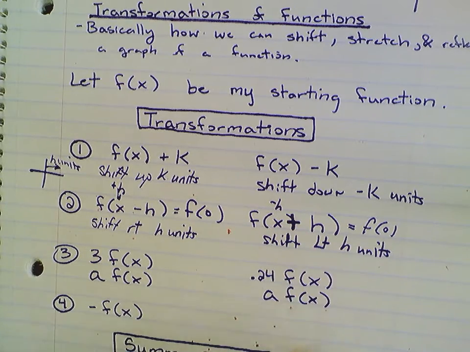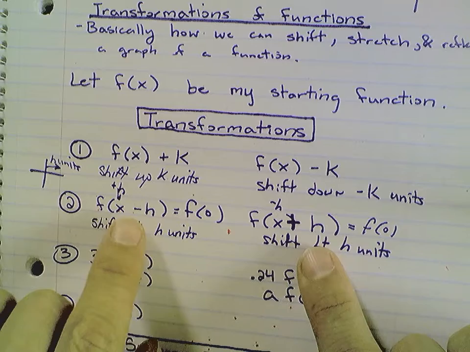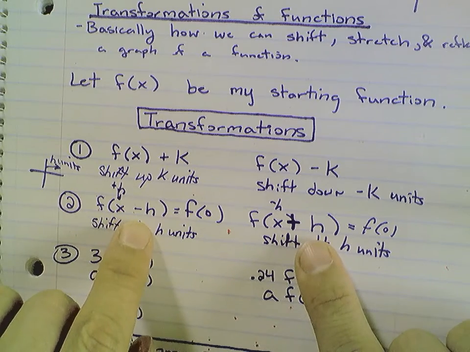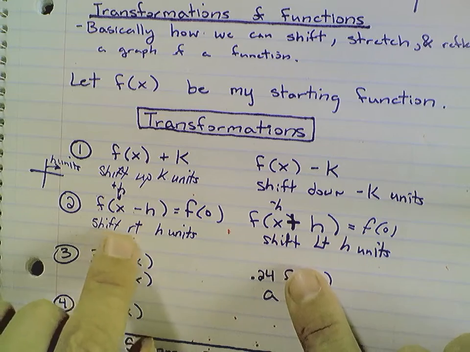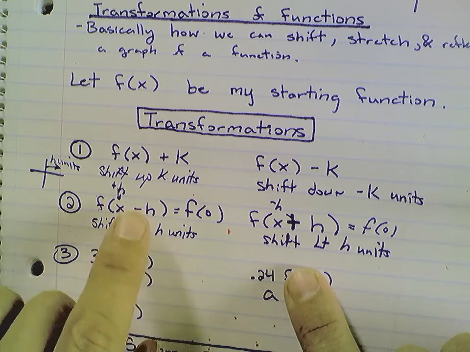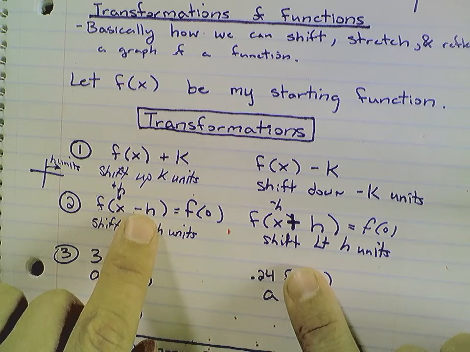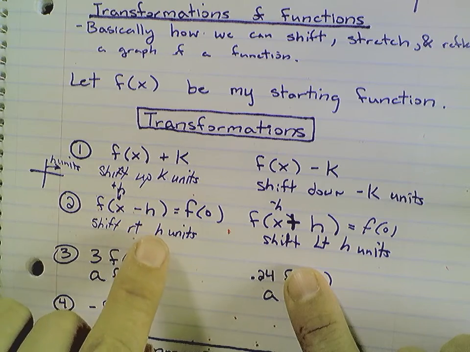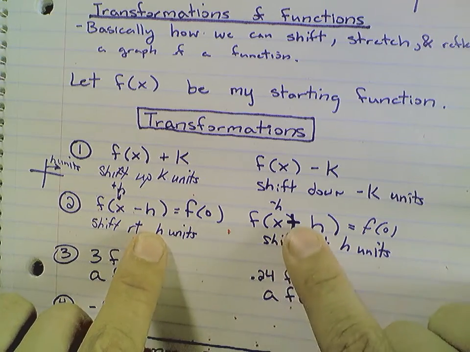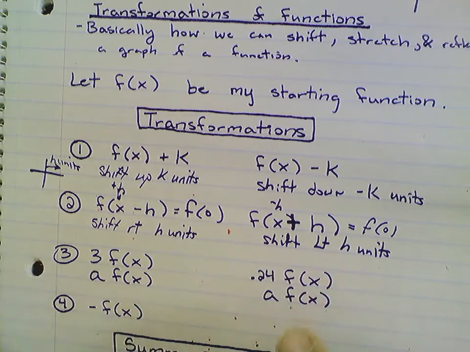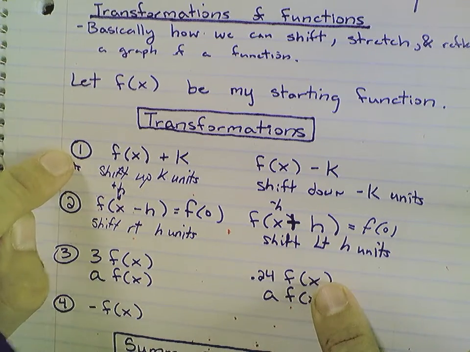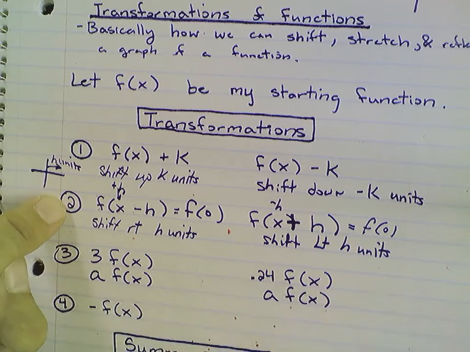So the thing that you need to remember is that any time we have a transformation on the inside where it's being added or subtracted, it's going to shift us horizontally, and it works kind of backwards from what you think. A negative h will shift you right h units, and a positive h will shift you left h units. Okay? So far we've gone through vertical transformations, we've gone through horizontal transformations.